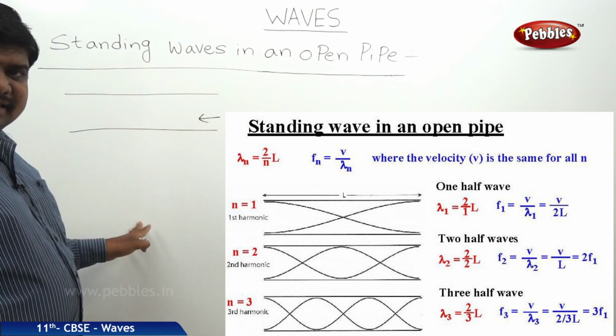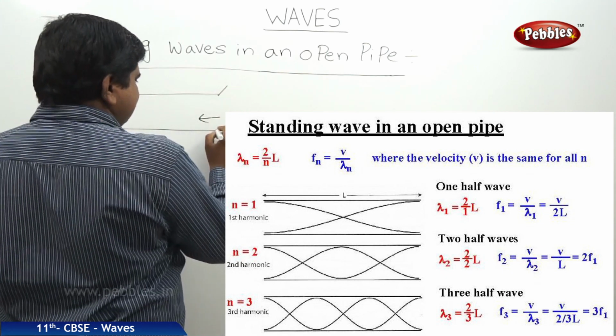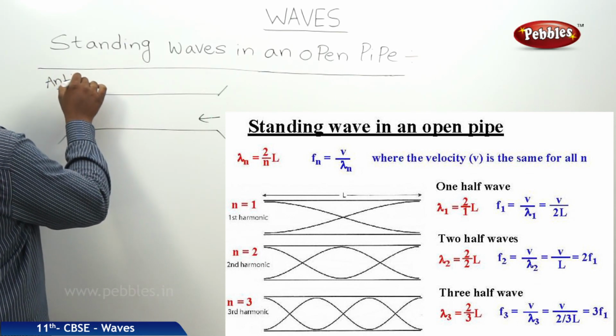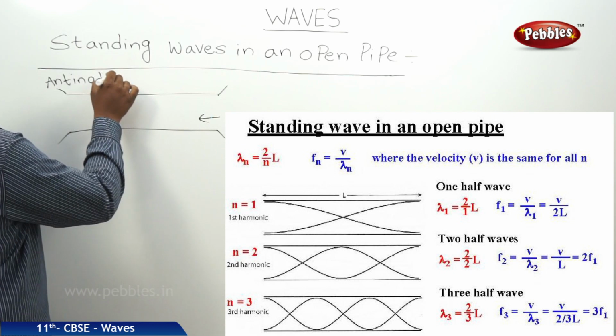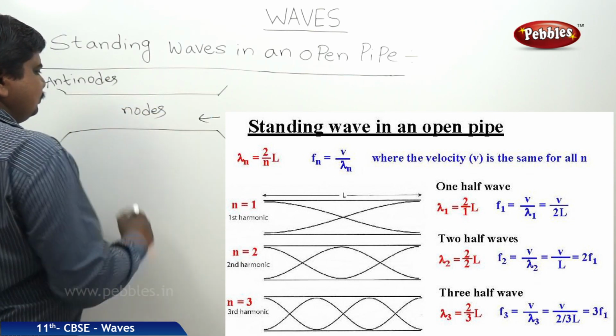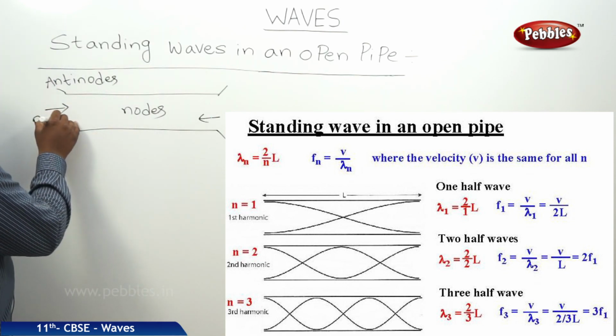At these open ends the amplitude should be maximum, that's why we can say that at the open ends antinodes will be created. In the middle, nodes. It is reflected back with the reverse air.